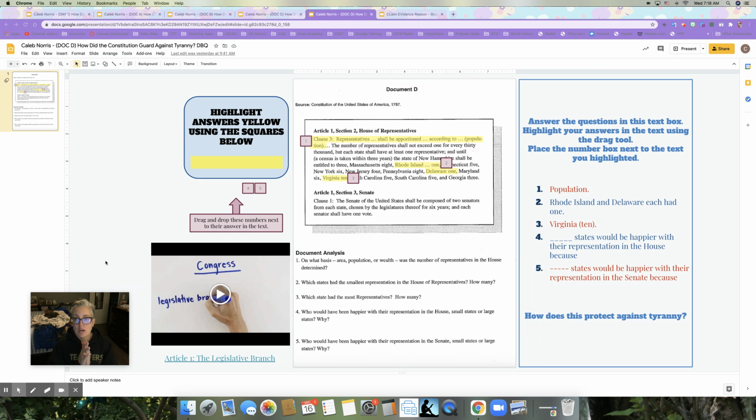Okay, so let's talk about number 4. Number 4 says, who would have been happier with their representation in the House, small states or large states, and why?